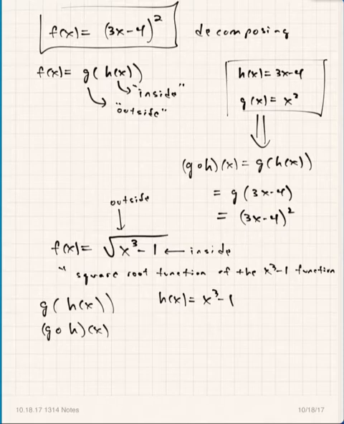And the outside function, that would be our g function, would be the square root of x. And that would allow you to write it as a composition that way. All right, let's do one more like that, where we decompose it, and then we'll actually look at composing some functions, and then we'll be done.